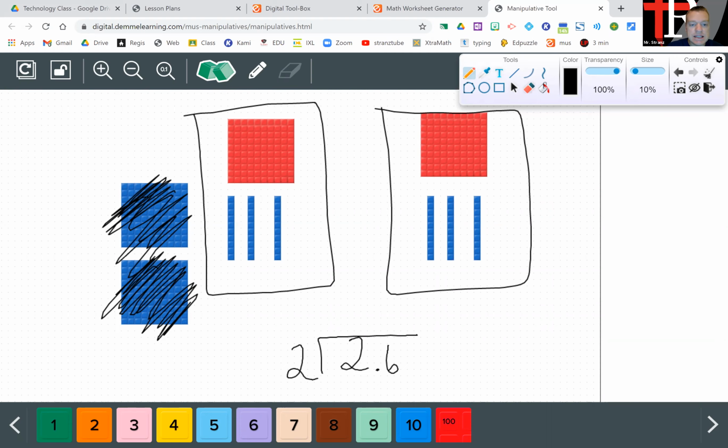So if we have 13 tenths, what is 13 tenths? It is 1.3. Okay, so your answer for 2.6 divided by 2 is going to be 1.3. All right, that is your answer to the first one.